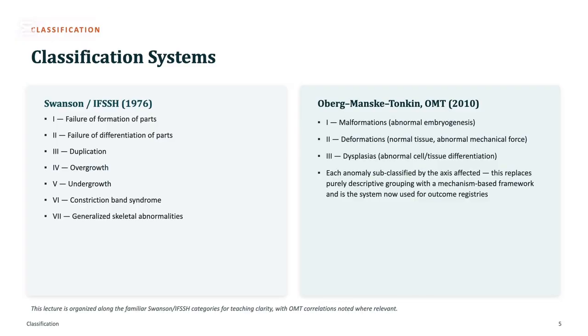The Oberg-Manske-Tonkin classification divides the congenital anomalies into three large categories. Malformations are abnormal embryogenesis. Deformation is when there is normal tissue and an external factor applies forces that change it. Dysplasia is abnormal cells.